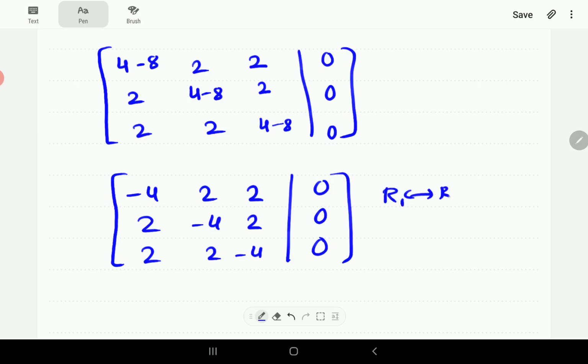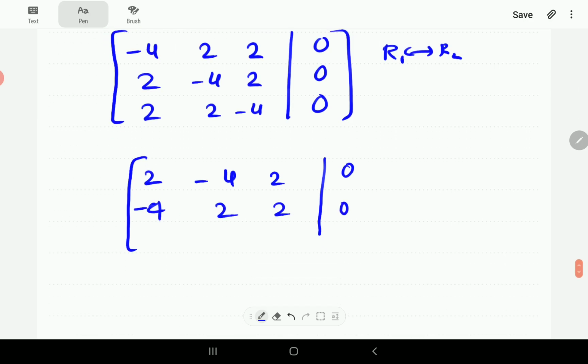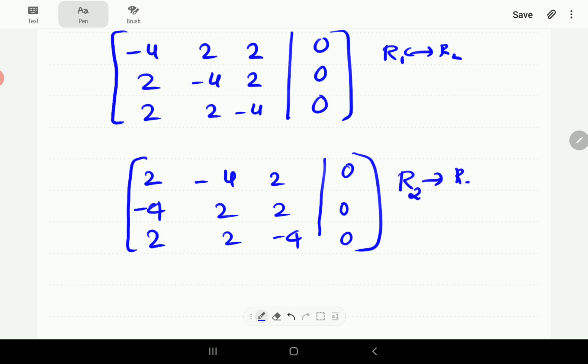Then we get 2, negative 4, 2, 0; negative 4, 2, 2, 0; 2, 2, negative 4, 0. Now let me write R2 changes to R2 plus 2 times R1, and R3 changes to R3 minus R1.